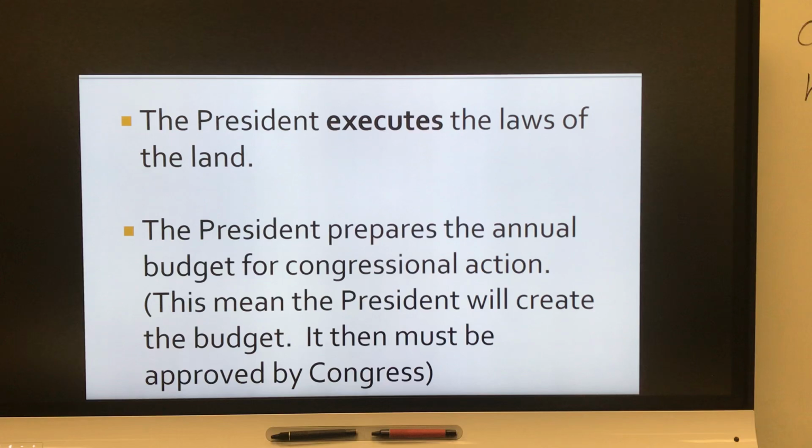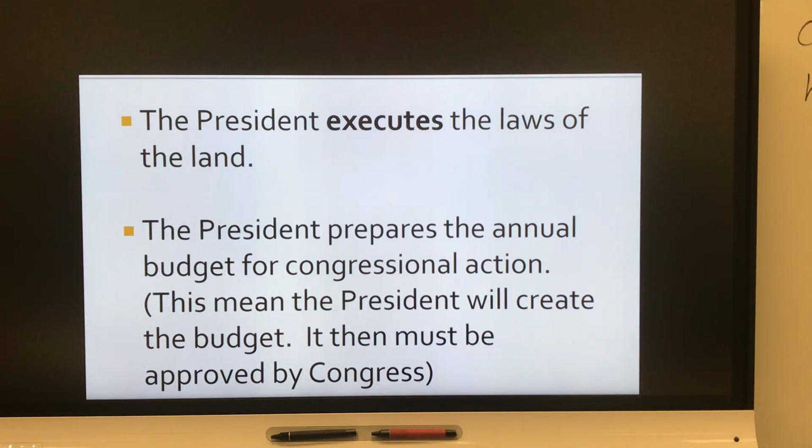On the study guide that I gave you, I have it listed all three ways: enforcing, executing, and carrying out the law of the land. So you may see that worded in any of those three ways, and your study guide does have it listed all three ways.